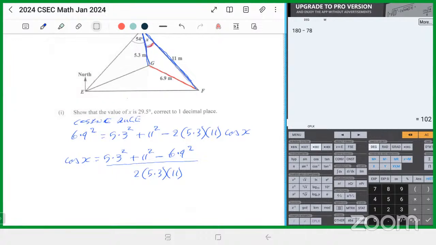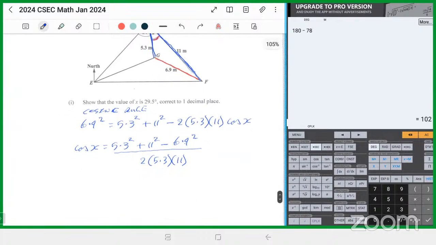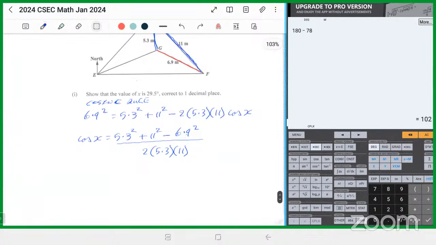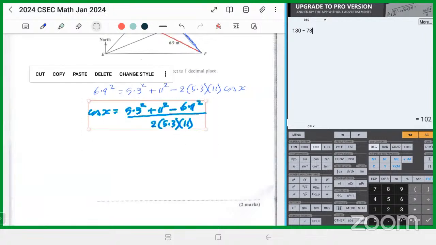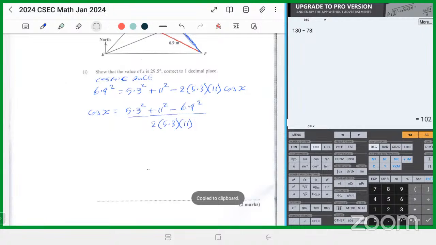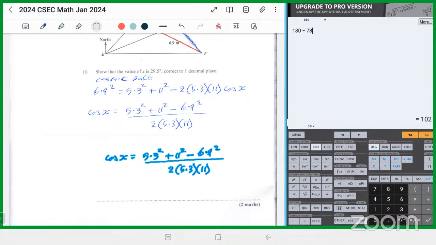And then to find x, we will take the inverse cos. So the next step will be to take the inverse cos. I can leave this line here first and then copy this and show another line. Let me copy that, paste it, and show that we are now taking cos to the minus 1.